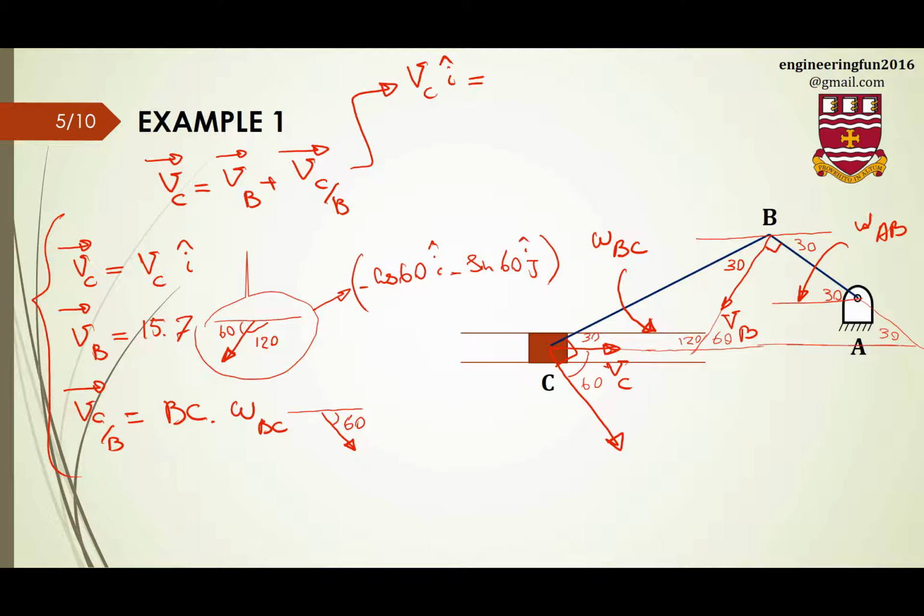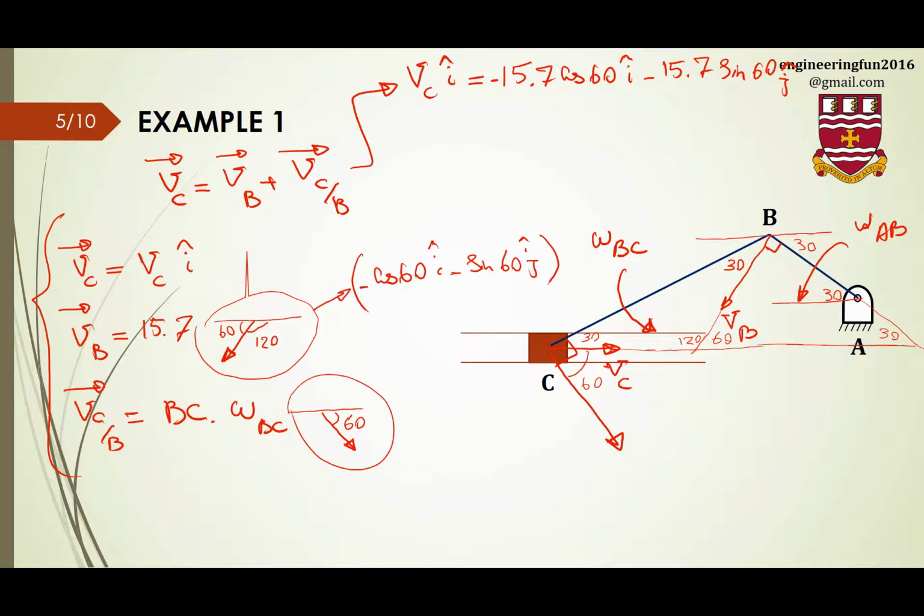Okay, so I'm gonna say VB, which is 15.7, minus cosine 60 in I direction minus 15.7 sine 60 in J direction.